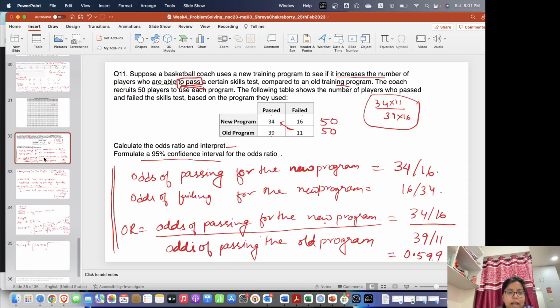Now we calculate 1 divided by 34 plus 1 divided by 39 plus 1 divided by 16 plus 1 divided by 11. So this comes out to be 0.208.